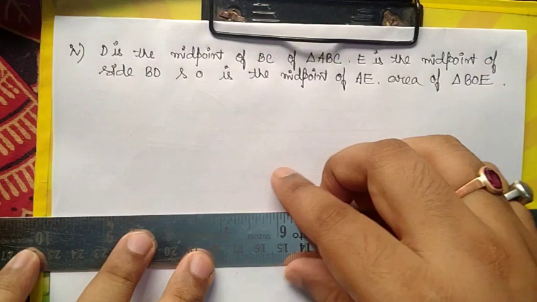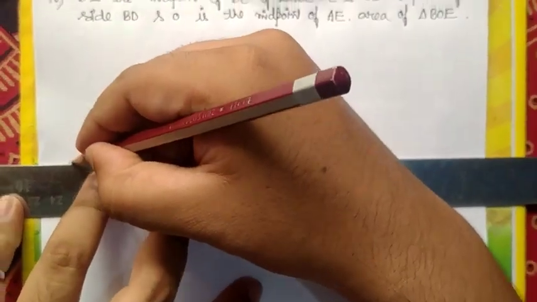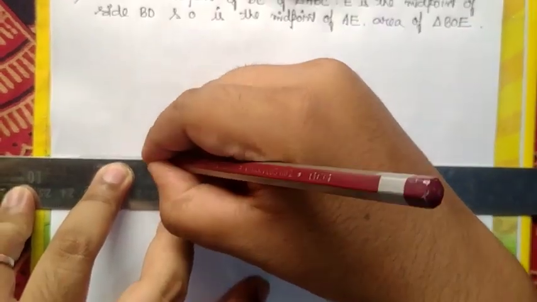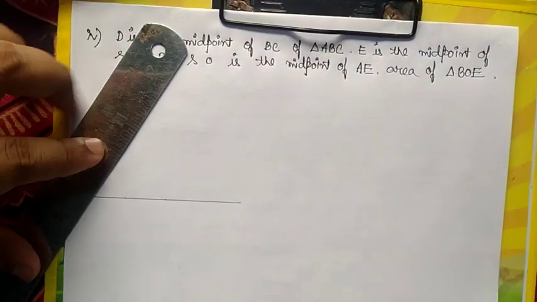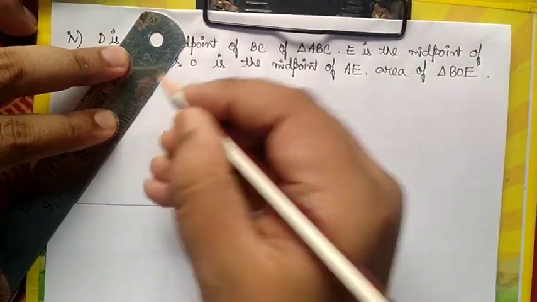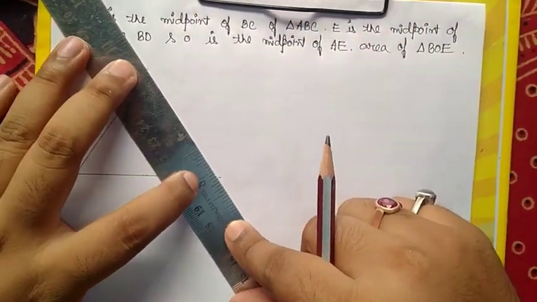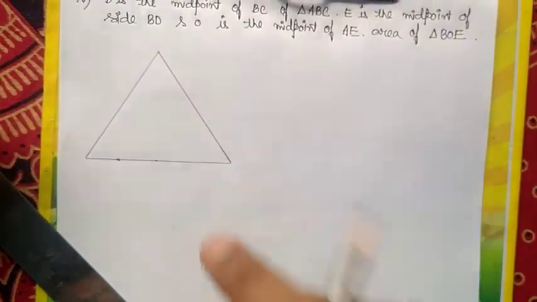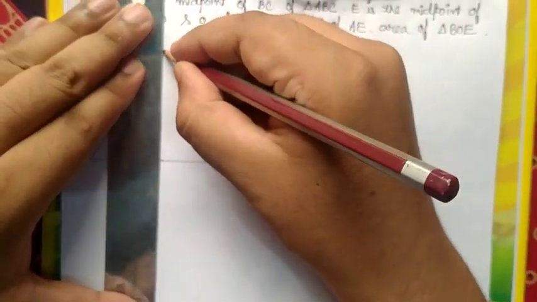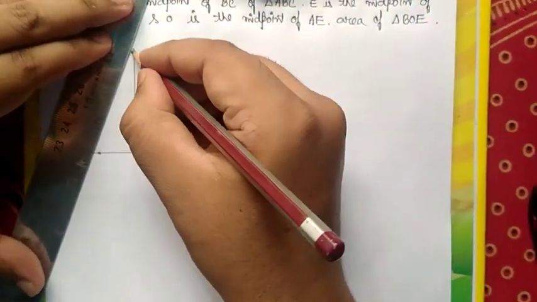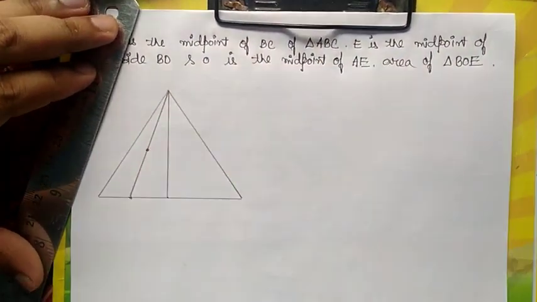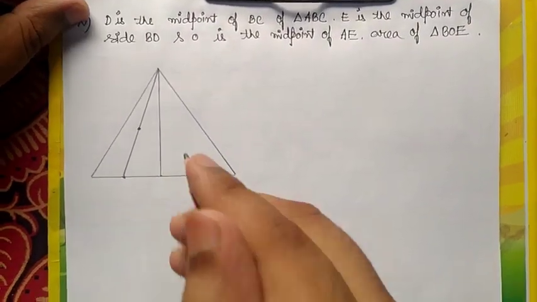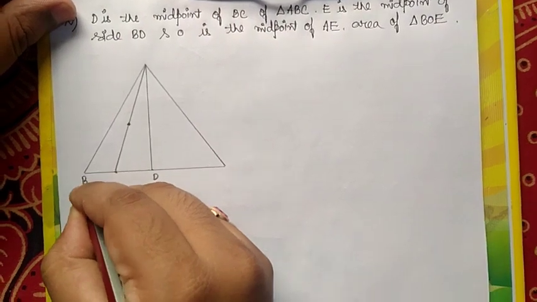First of all, we know D is the midpoint of BC, so D is here and BC is here.